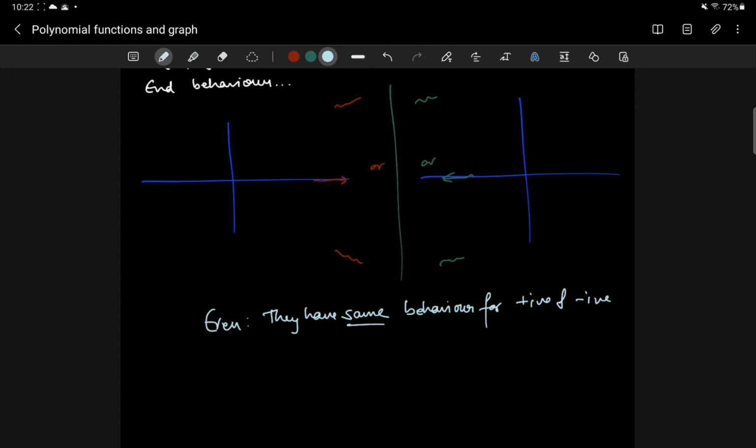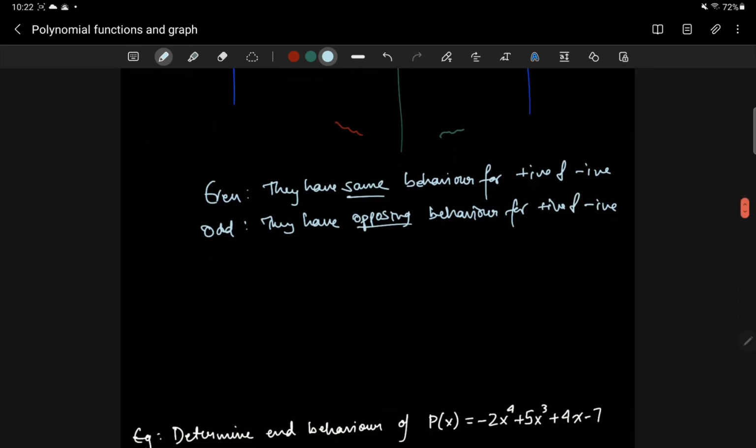And if you have minus x squared, then both of them go to negative. So they have the same behavior. And if it's an odd power, then they have opposing behavior for positive and for negative.